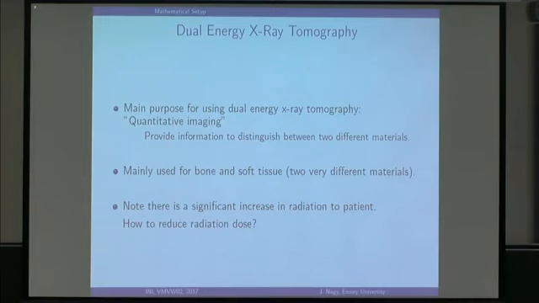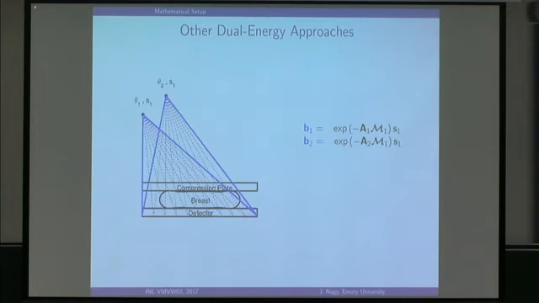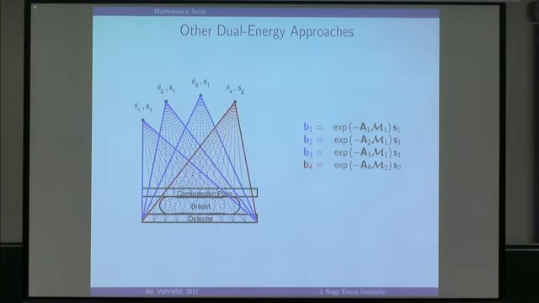So you might go back to it and say, well, instead of repeating all of the energies, let me just do a few of them at a certain energy level, and then switch to another set of energy levels. And that way I've gotten basically the same radiation dose to the patient as I would have with one set of energies, but additional information as well.